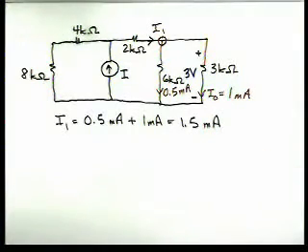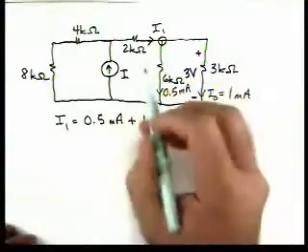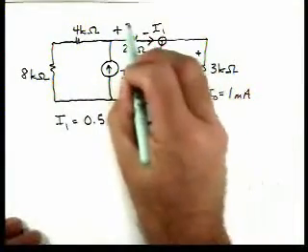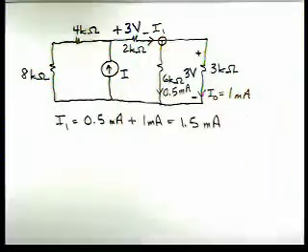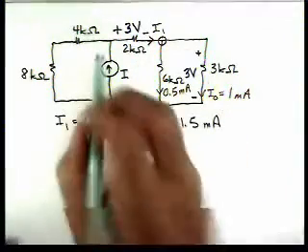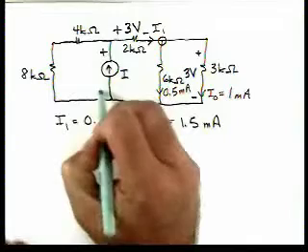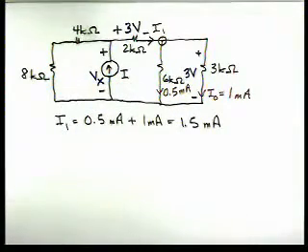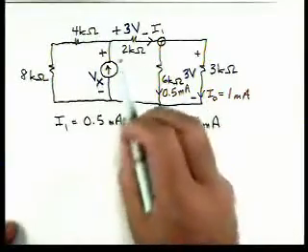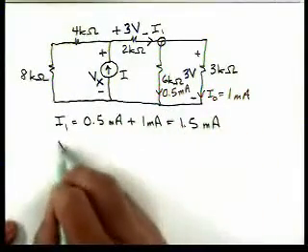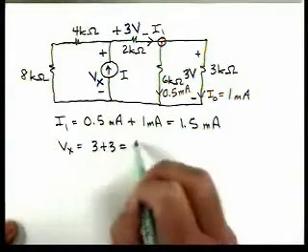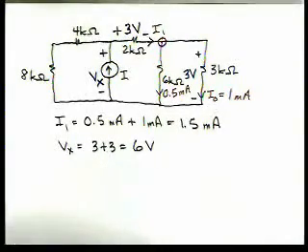And now the voltage across this resistor by Ohm's law then is 3 volts with that polarity. Now we can calculate this voltage Vx, and we can do that by using Kirchhoff's voltage law around this loop. So Vx is equal to 3 plus 3 equal to 6 volts.